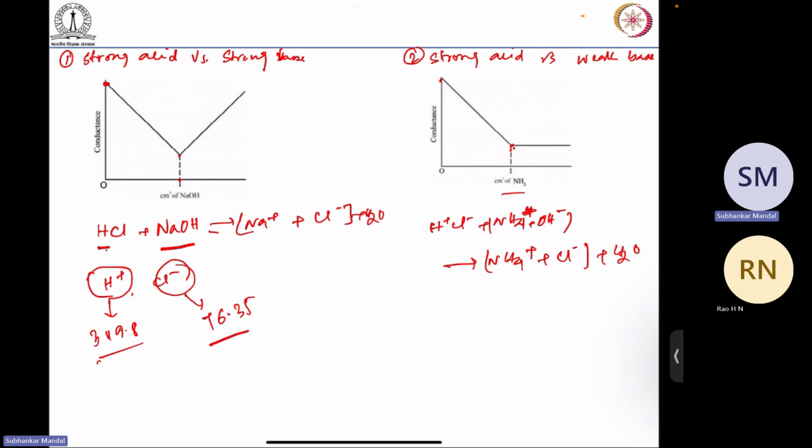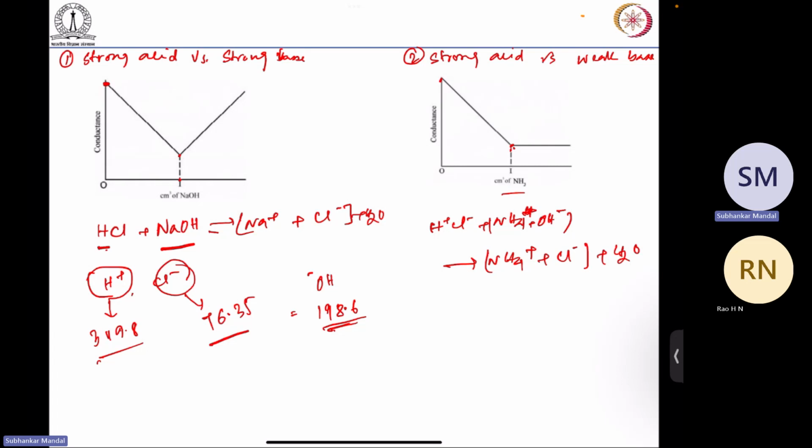After that, when you are adding NaOH, OH minus conductivity is around 198.6. Even if you don't know these values, just remember that OH minus equivalent conductance is lower than H plus.